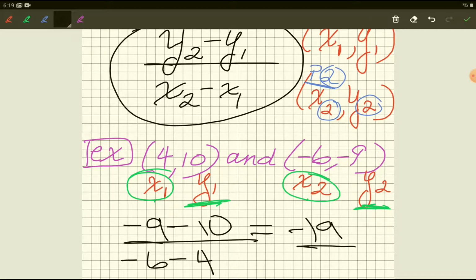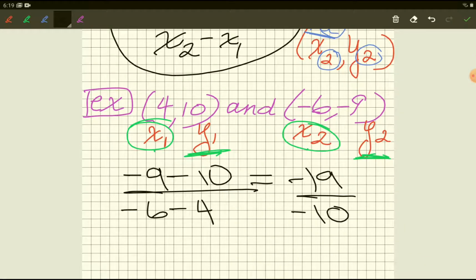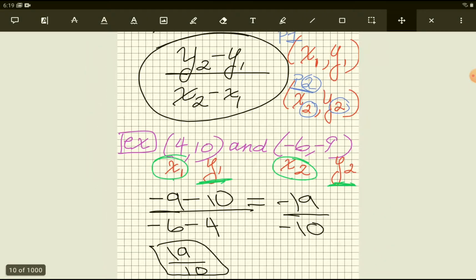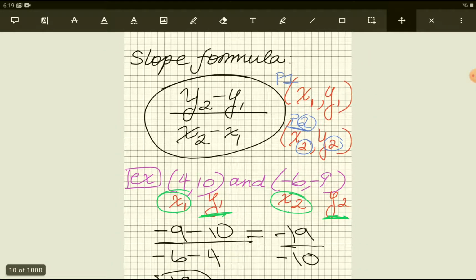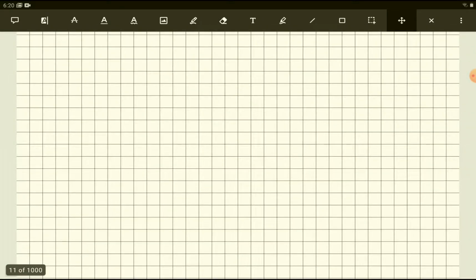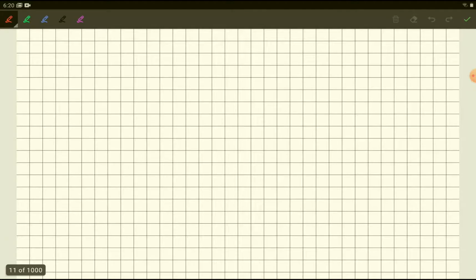That's -19 over -10. Let's simplify a little to get 19 over 10 as my slope. I can no longer simplify that. Okay, so finding slope is very simple. Again, I am flying through this because I know that you guys are really, really strong in this area.